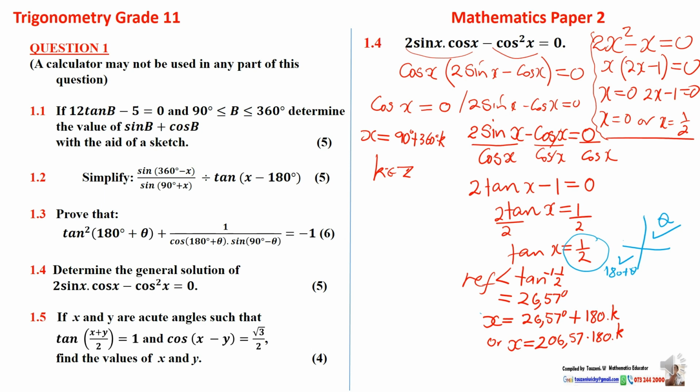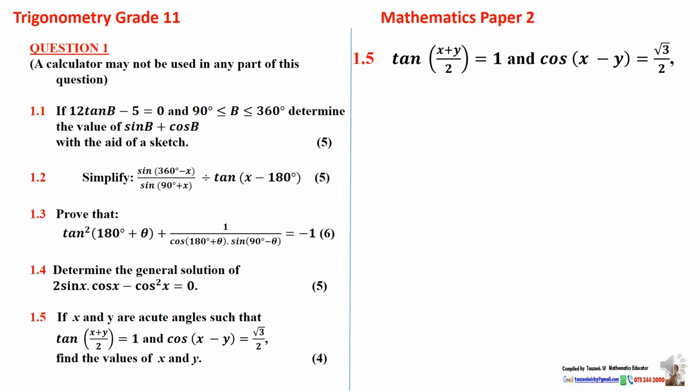That is our general solutions. That is our equation answered. So it is something that we may look forward to in a grade 11 mathematics paper 2 examination. So we have just answered number 1.4. Let's go to the next one.